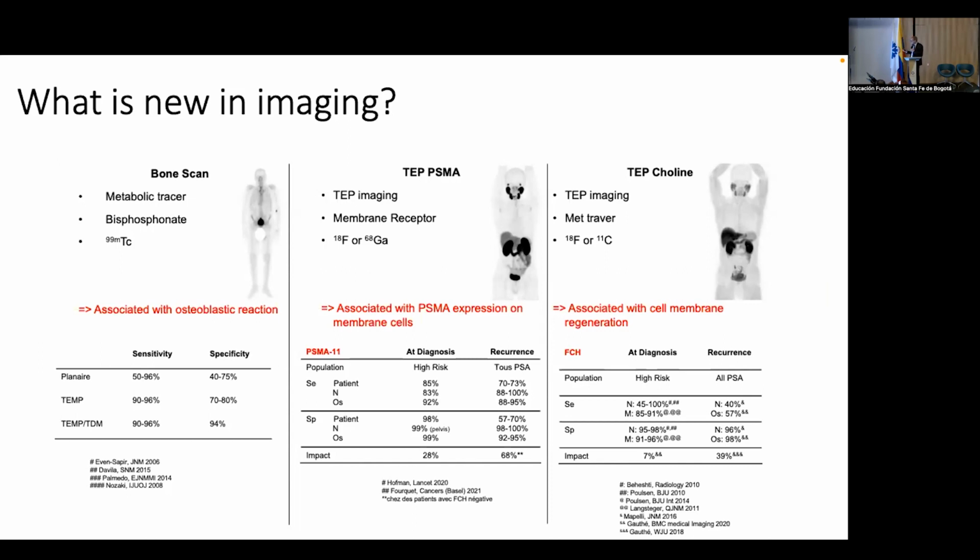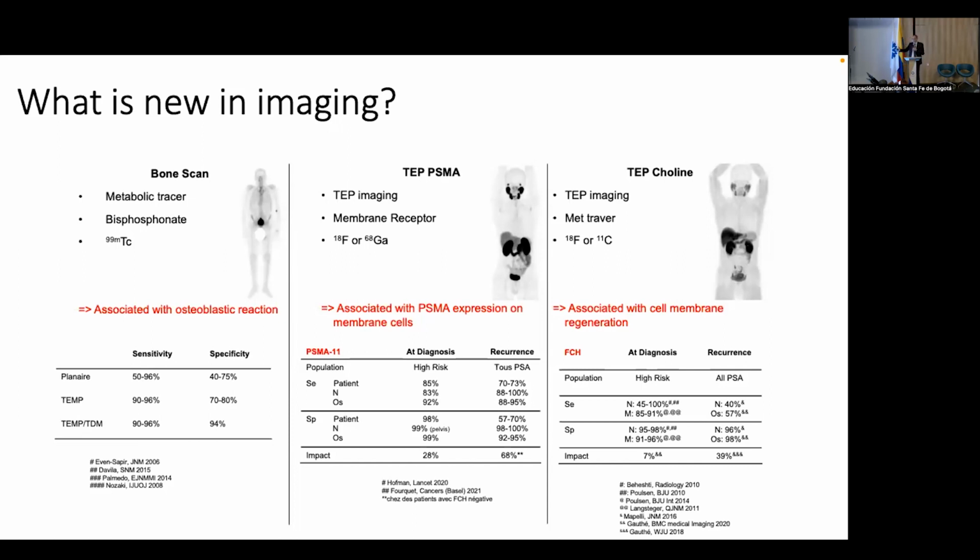When we are looking at PET choline, we know that it's a metabolic tracer and it's associated with the cell's membrane regeneration. And PSMA is an antigen on the membrane of the prostate cells. So when you use this imaging, you are looking at the expression of PSMA on membrane cells. So clearly, we are not really looking at the same thing.